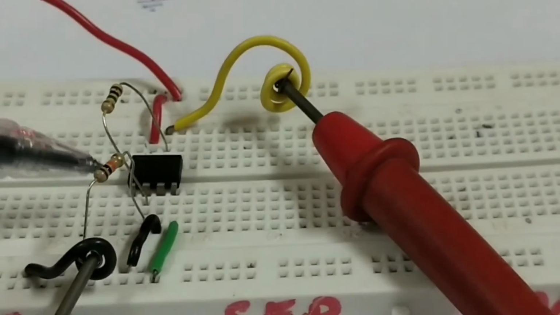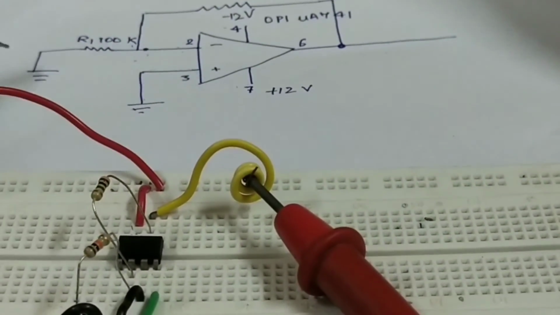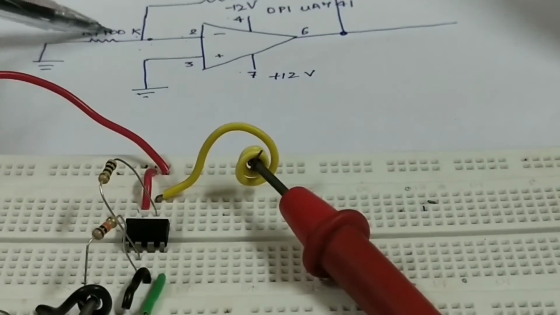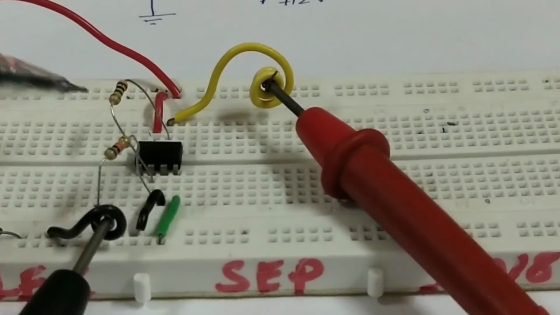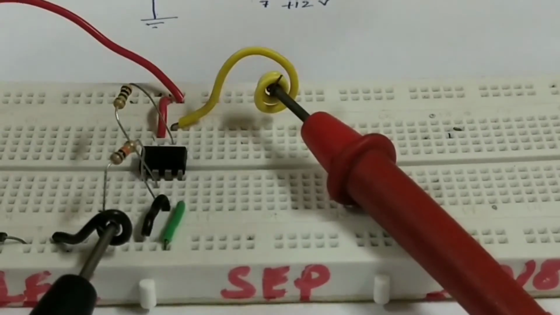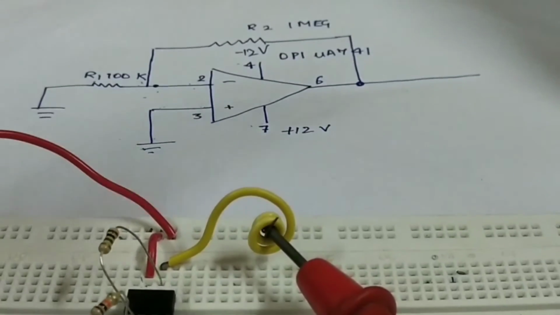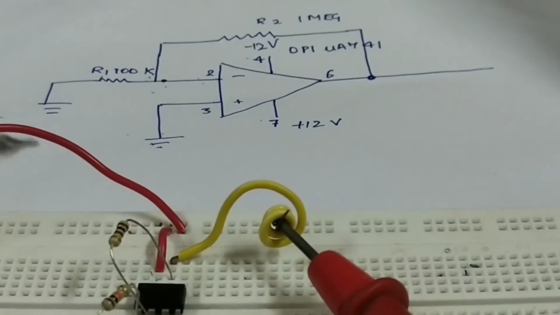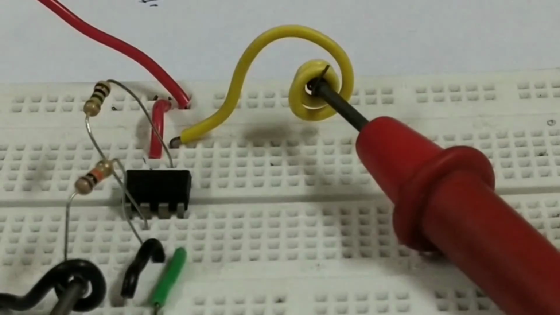Now here you can see between pin number 2 and ground there is one resistance of 100 kilo ohm connected. Pin number 3 is connected to the ground with this black wire.